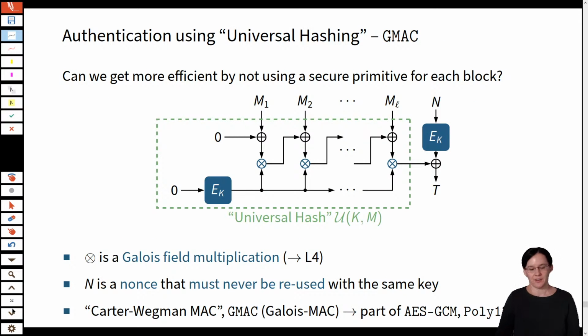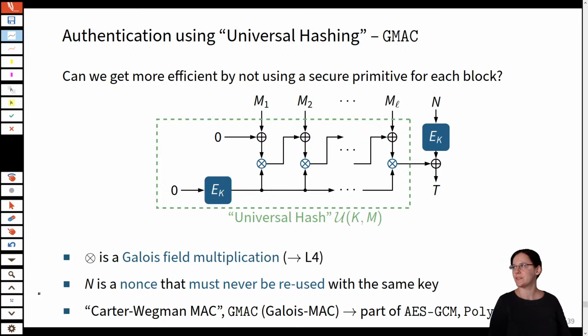There is also one other construction which has the same name format, namely GMAC, where the G is short for Galois, a mathematician that we will meet again very soon. And one of the main goals of this MAC is to build a construction that does not need a call to a cryptographic primitive for every message block.